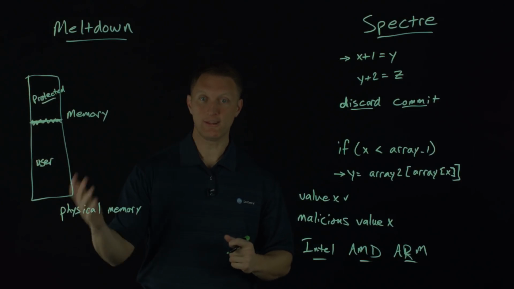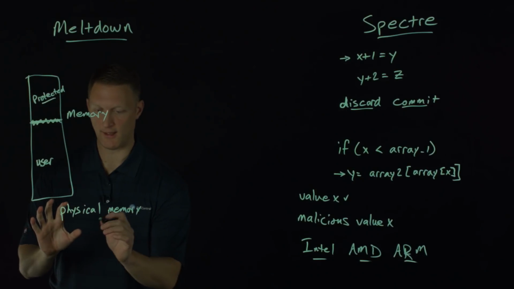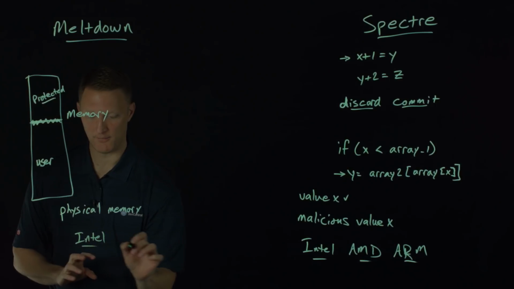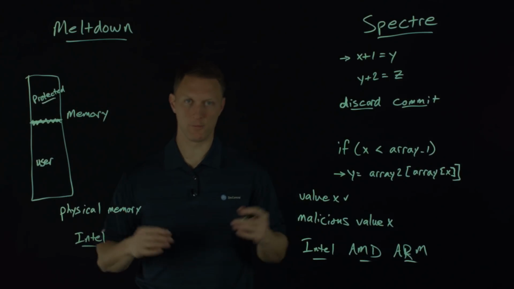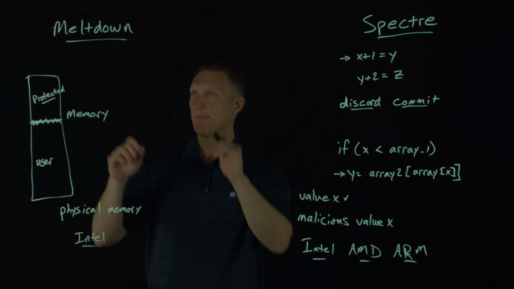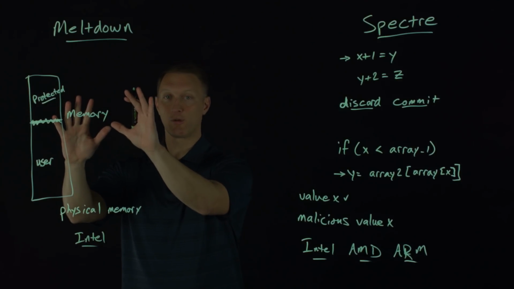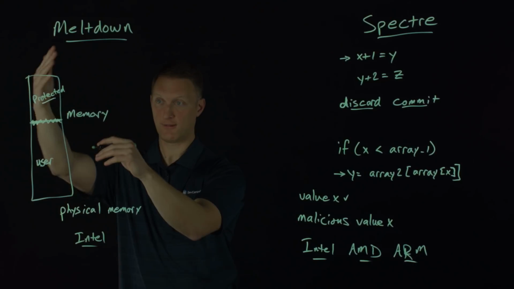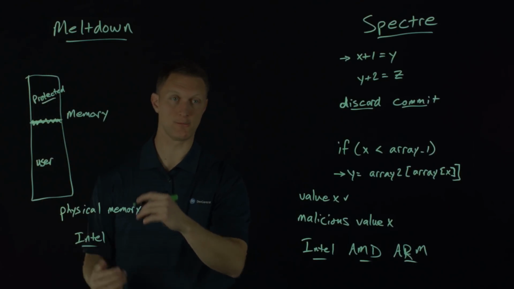This is specifically problematic for Intel processors, and there are Intel processors all over the world. So again, this one uses out-of-order instructions for an attacker to go after protected memory in order to dump all the memory off of a computer.